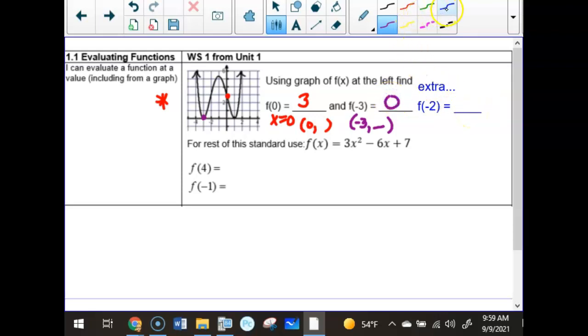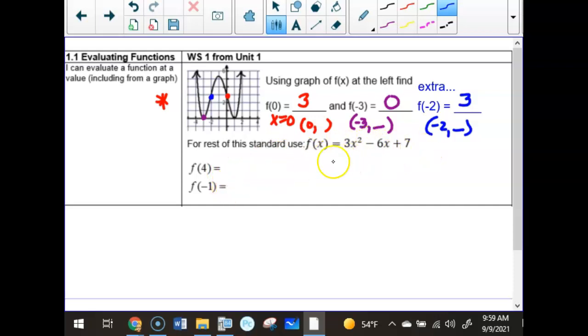I have one extra one I threw on here. F of negative 2. If I said you were to go left 2, the graph looks like it's right up about 3 again. Are we okay that we're going to do well on that part tomorrow? Reading from the graph? Okay. What about this?